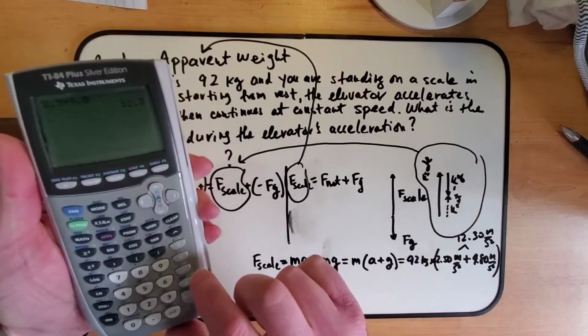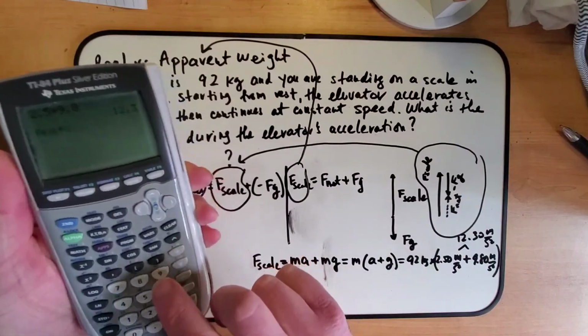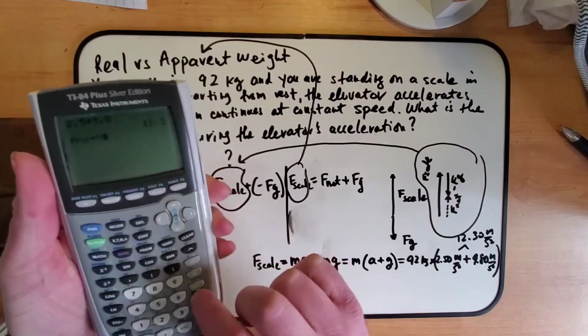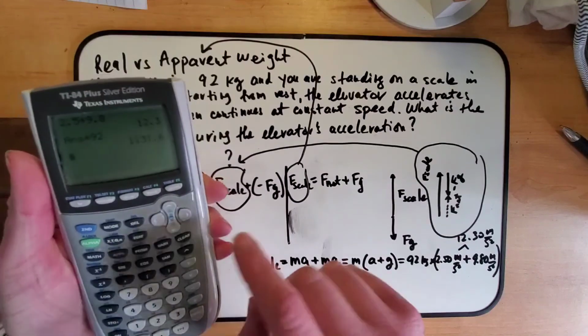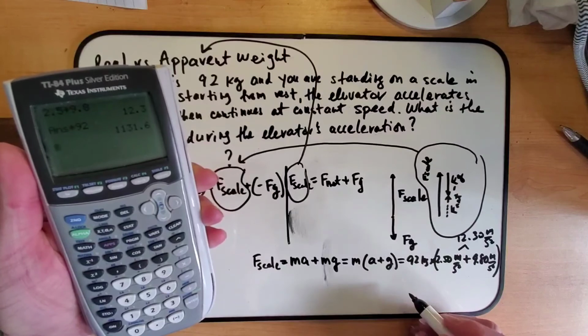Okay, and the next step: I got 4 significant figures from this calculation, times 92 kilograms, which has 2 significant figures. So this is the F of the scale I got.